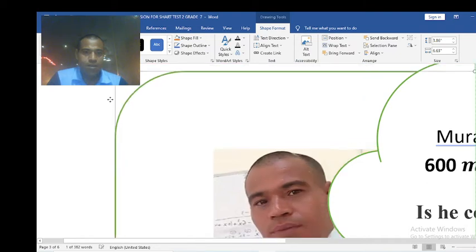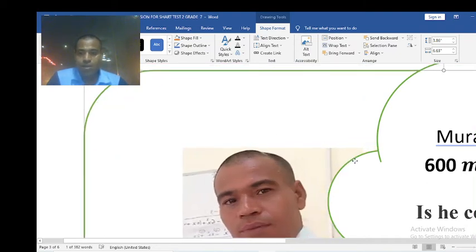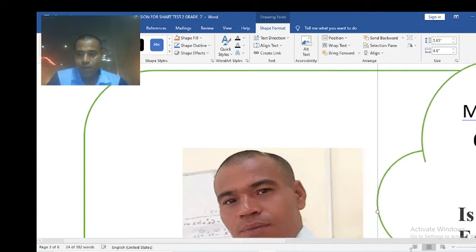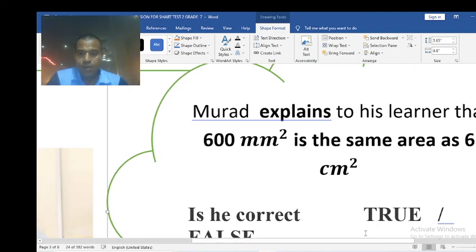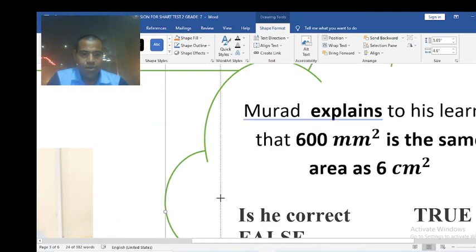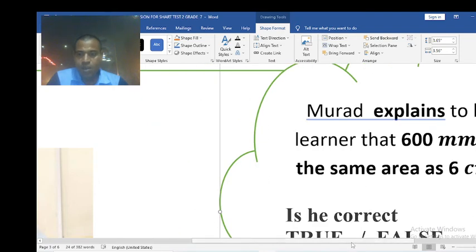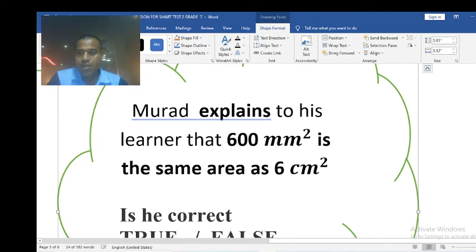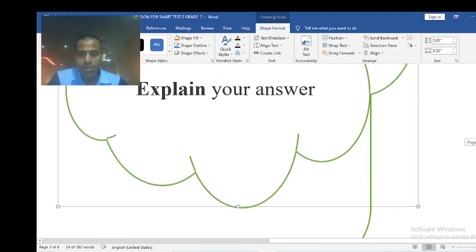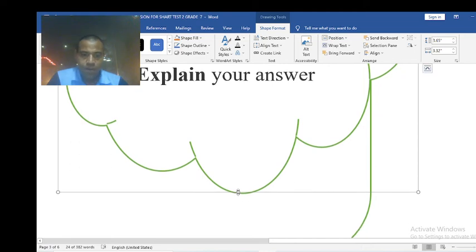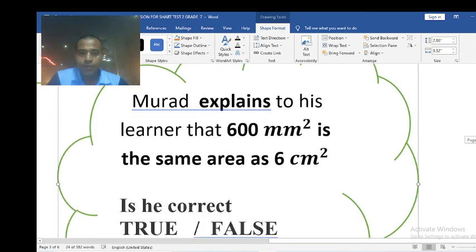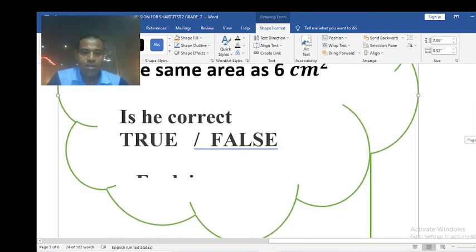And this one I should reduce also. Then I should come here to make it small. Okay, so this is the question.